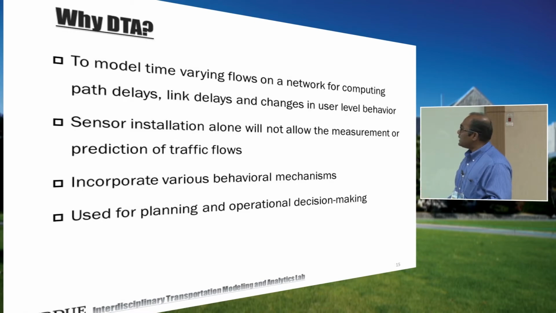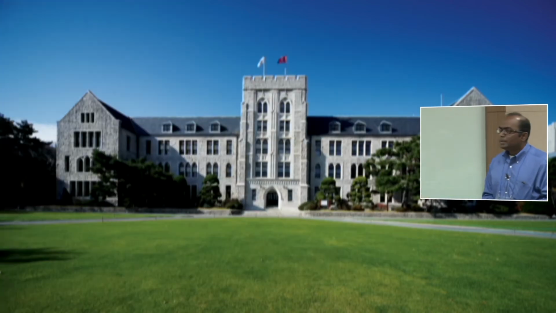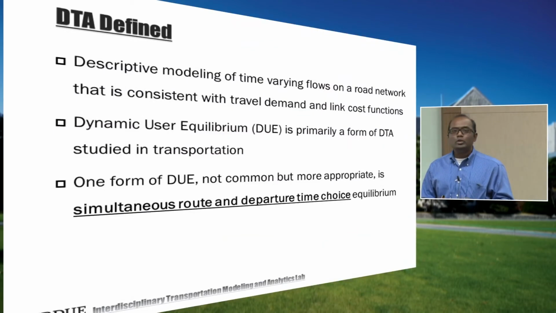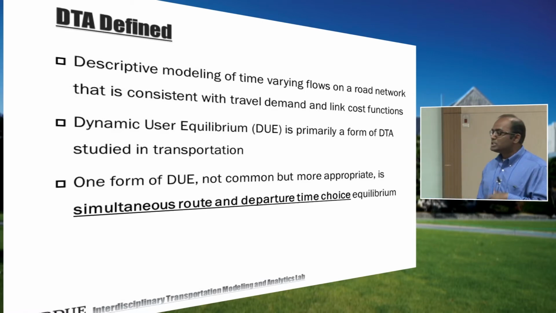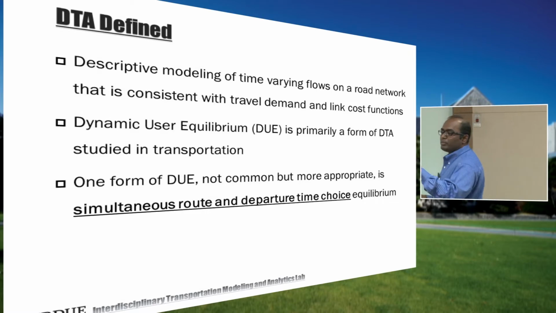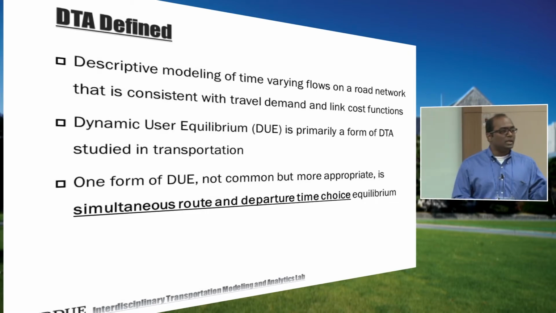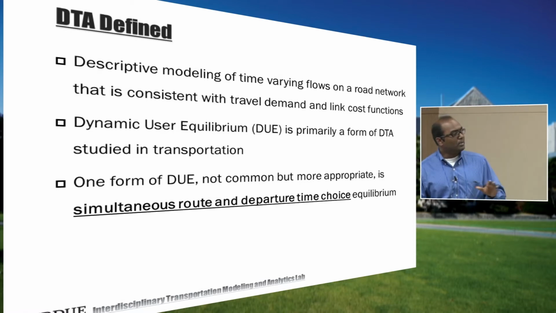So just like static equilibrium, dynamic equilibrium does not have a universally accepted notion. Okay? We are not just equilibrating the path flows, because there are different dimensions that a user has when you look at the dynamic problem.